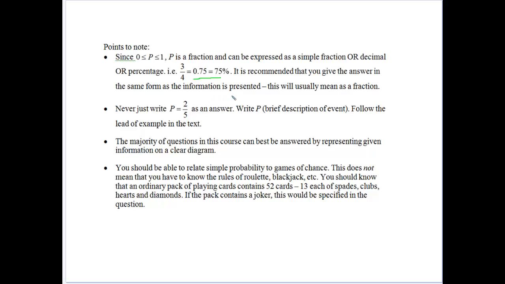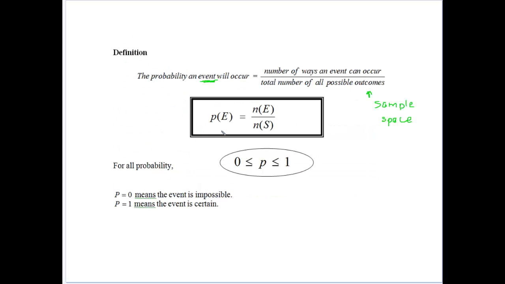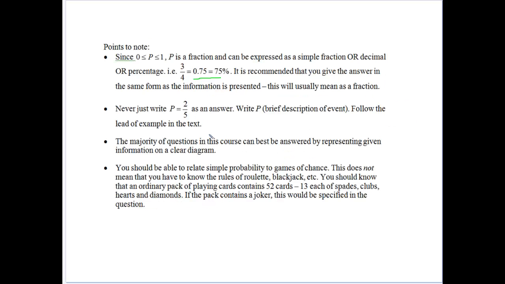We'll take any answer as long as it's correct. We try not to write just P is equal to 2/5. We want P with a description of the event, so probability of a 6, or probability of a head, or probability H.